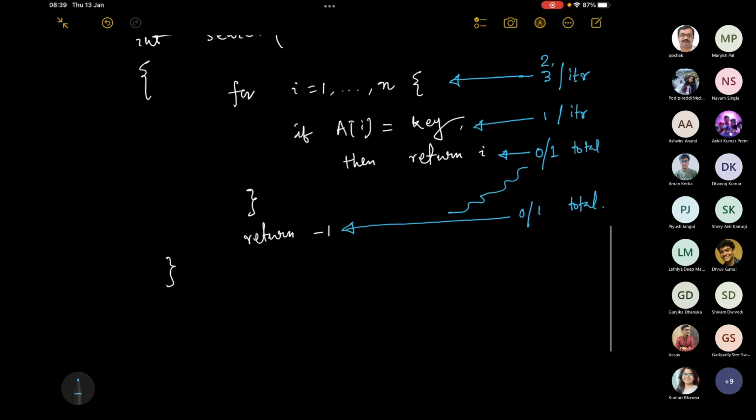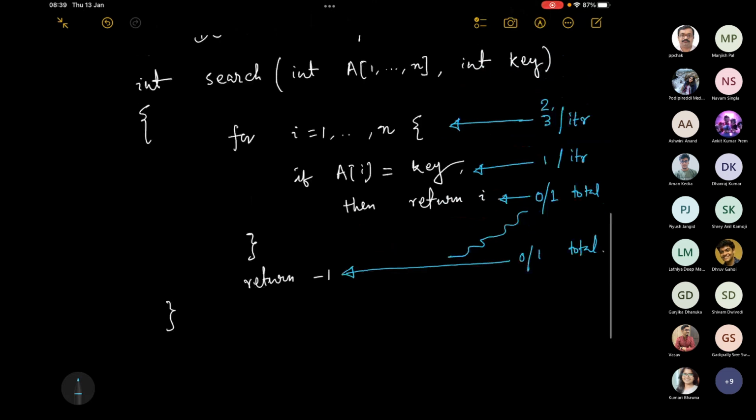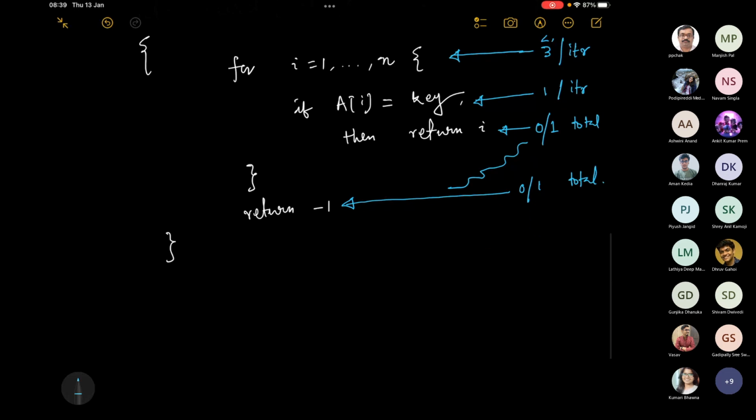Now, when we are comparing two algorithms, we want to say that algorithm 1 takes this number of steps, algorithm 2 takes this many steps. Can you tell me how many steps this particular algorithm will take? Total number of iterations plus 1. Don't tell me those iterations.